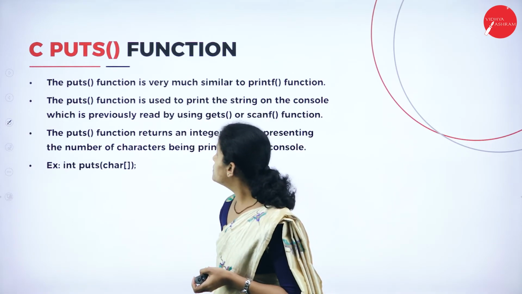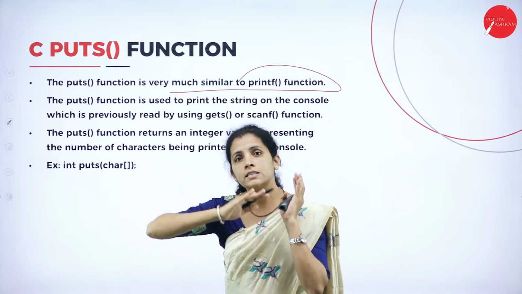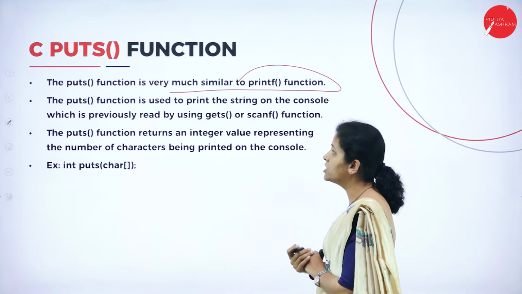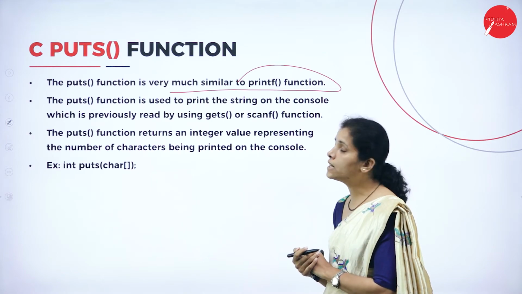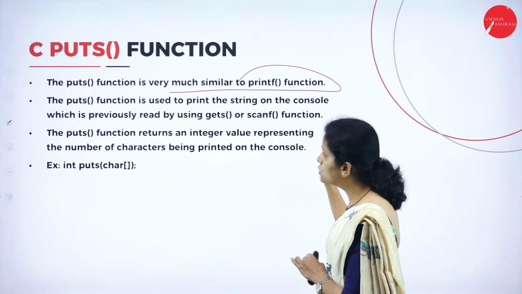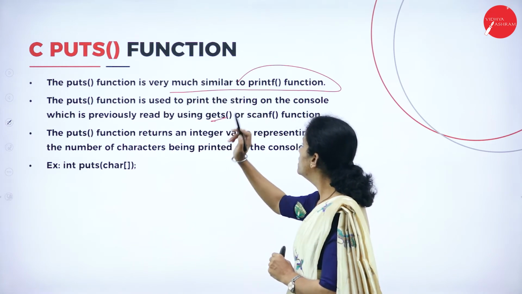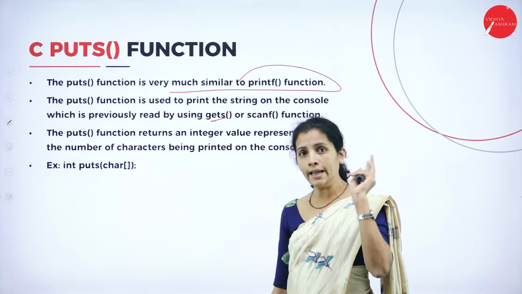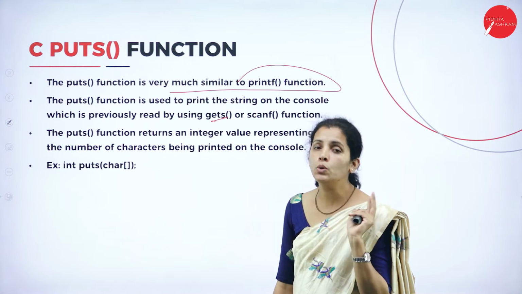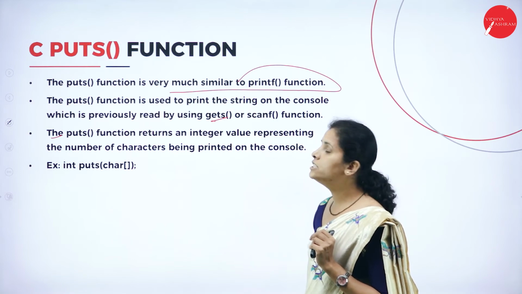This puts function is very much similar to printf, but the puts function is used to print the string on the console, which was previously read by gets. So when I'm using gets, then it is puts, and whenever I use puts, then I must use gets.